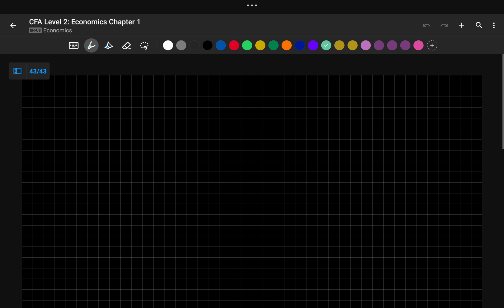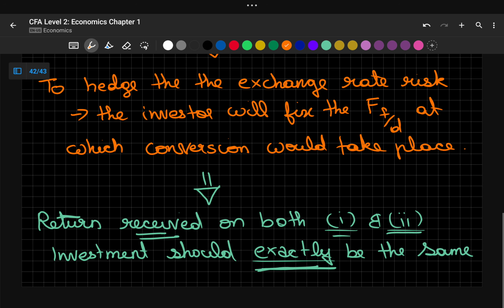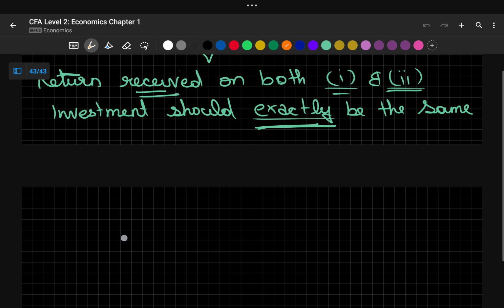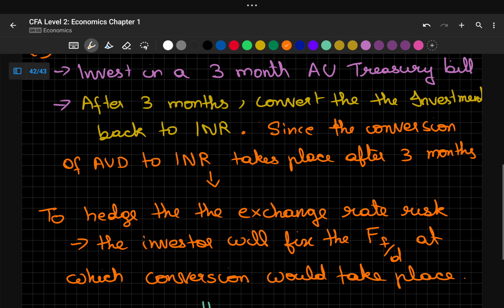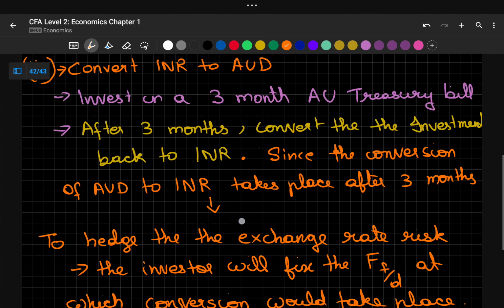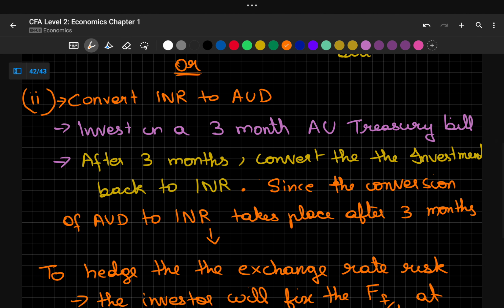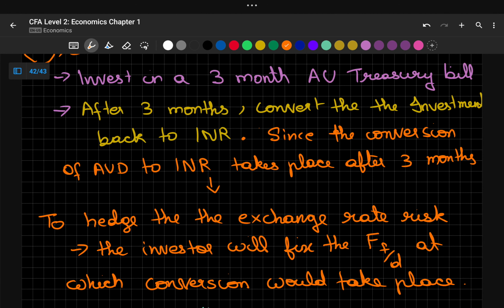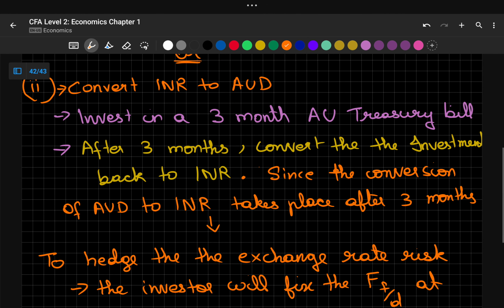Now, another point: as we already discussed, for the amounts to be exactly the same, we consider an ideal world scenario for the FX market, where the liquidity, maturity and default risk are identical for both currencies, and the transaction cost is zero for investment in INR or AUD.